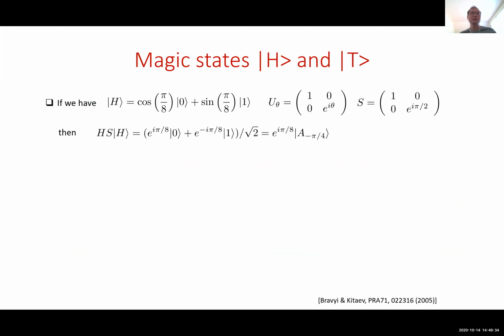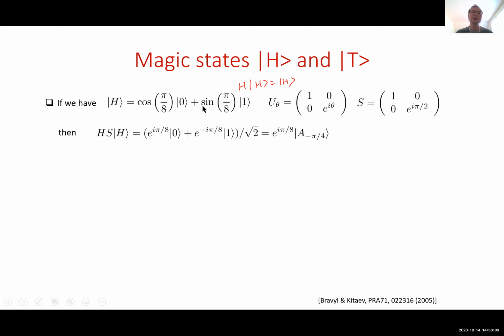So the idea is that if we have a particular state, for example, we want to choose a particular state, the H state is defined as this. This is defined such that the Hadamard gate acting on H is itself, because it's an eigenstate of the Hadamard gate.